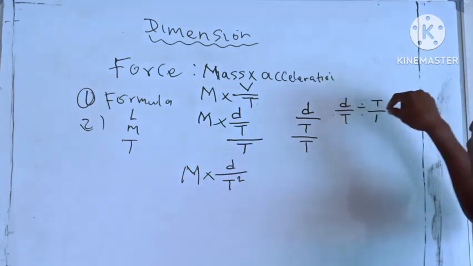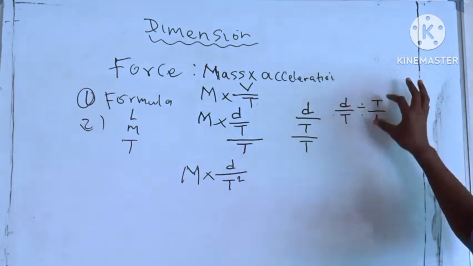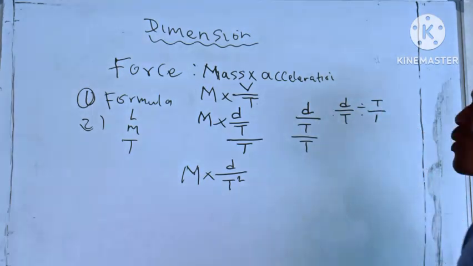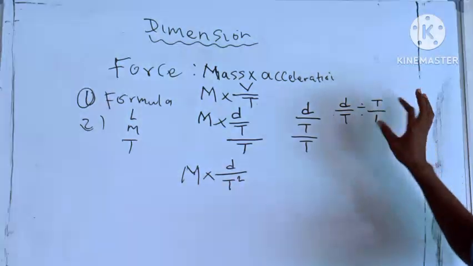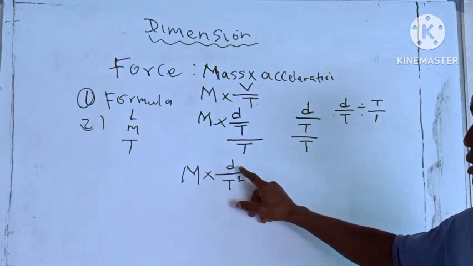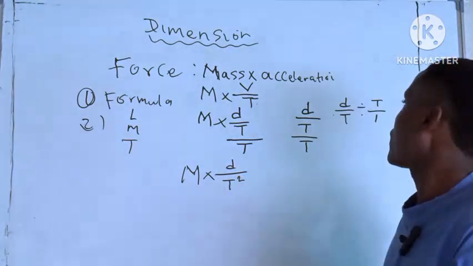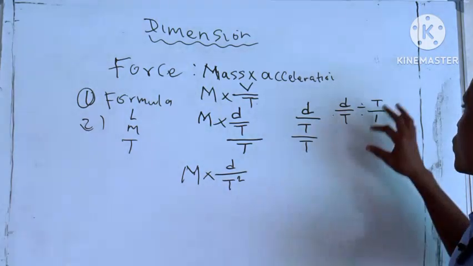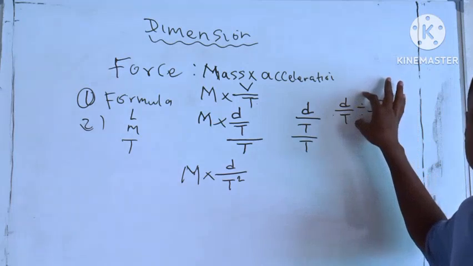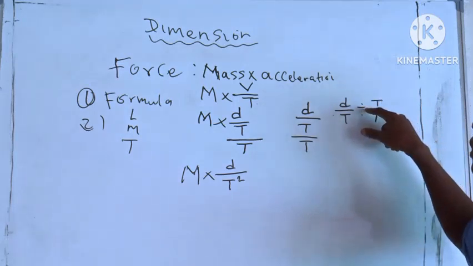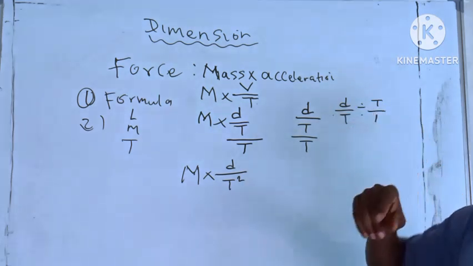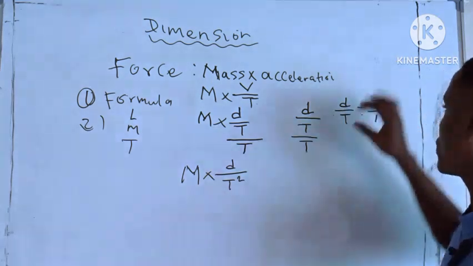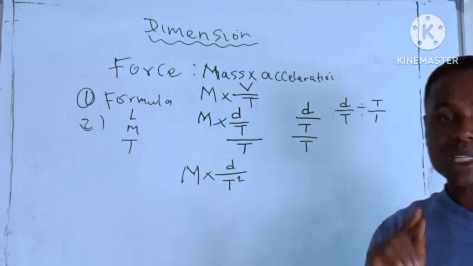Here we have two things, so here we must have two things now, meaning that we want everything to be balanced. Are you getting it now? I want to explain how we come about this d all over t square. Now, in the law of mathematics, if something is in this form, we have to change this division sign to multiplication.